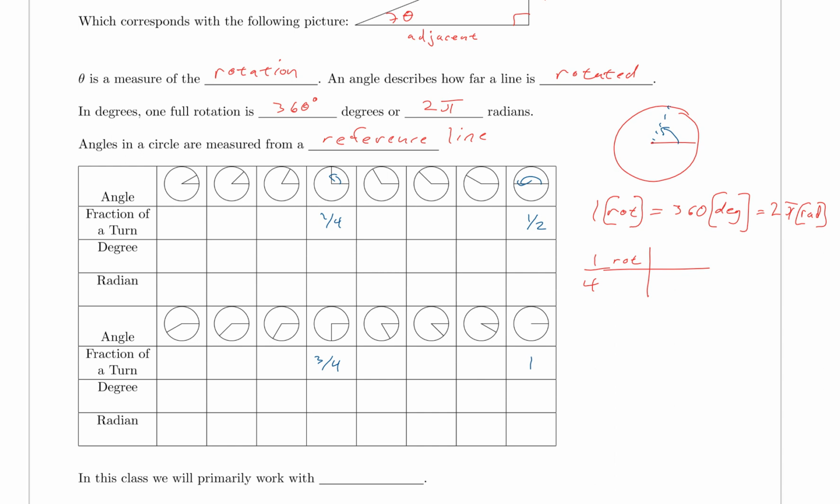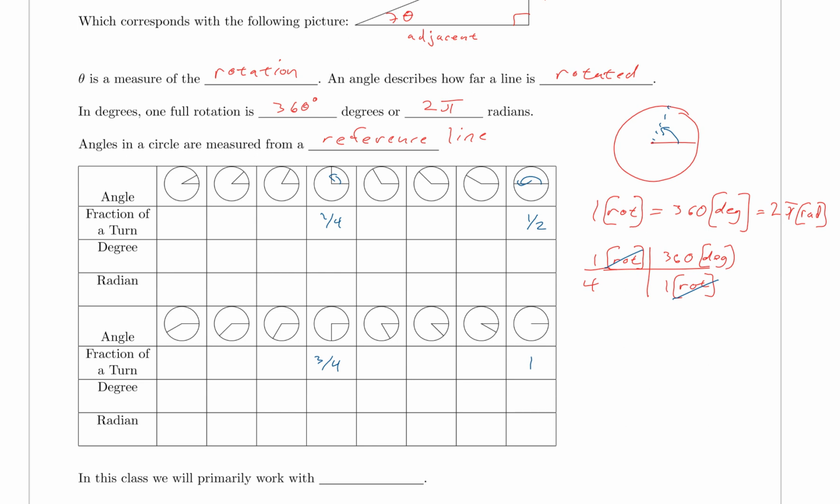So I'm going to put that in: in one rotation there are 360 degrees. And note what is going to happen here. Rotation is going to cancel out with rotation, and the reason we can do this is because one rotation is 360 degrees, so we're just multiplying by 1.